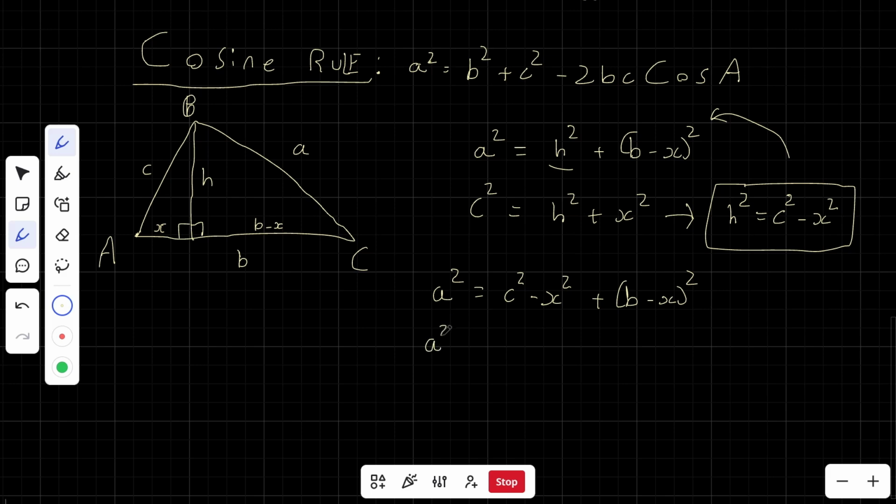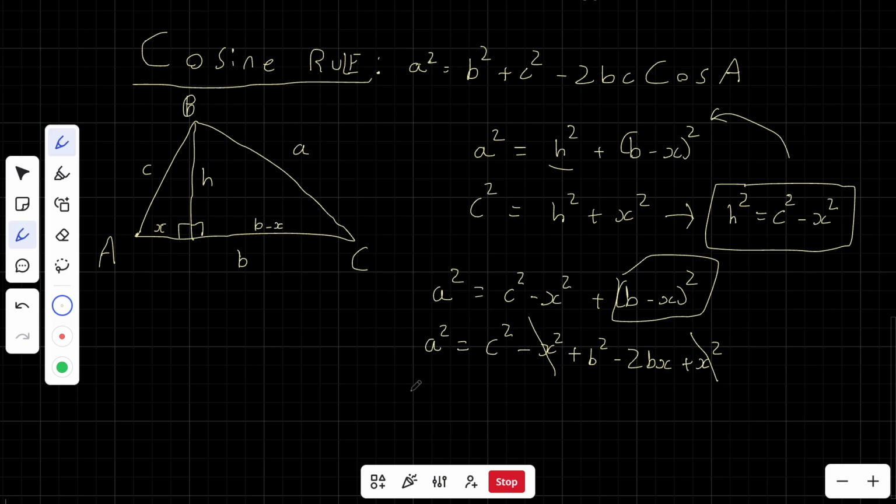Okay, let's simplify this. So we've got a squared equals c squared minus x squared. If we expand this bracket here, we're going to get b squared, minus 2bx, and then an additional x squared. So we can simplify this. This minus x squared and this positive x squared are going to cancel.